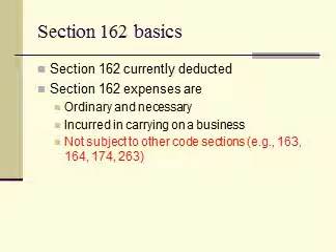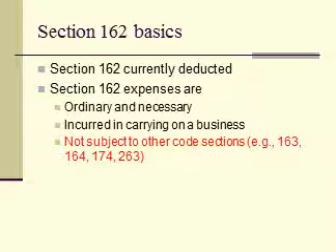What this means for practical purposes is any costs incurred in carrying on a business which are not subject to the requirements of other specific code sections often default to Section 162 classification.